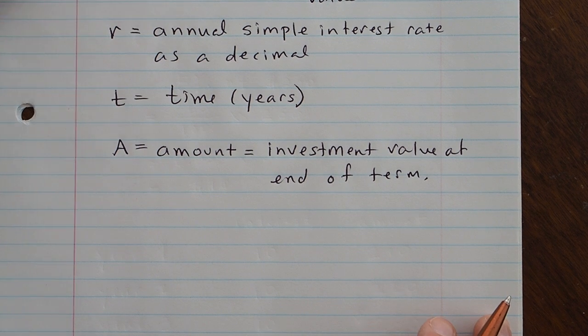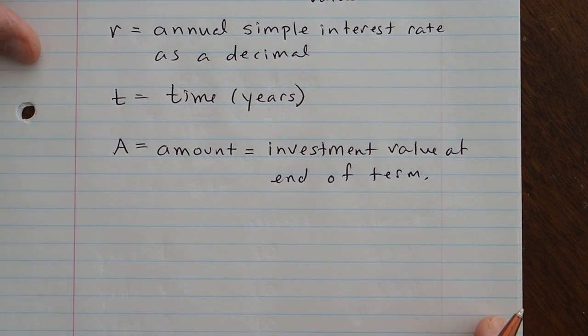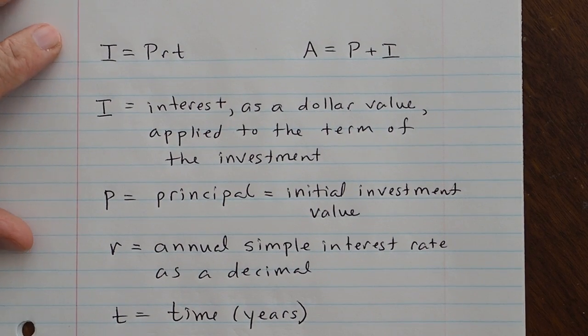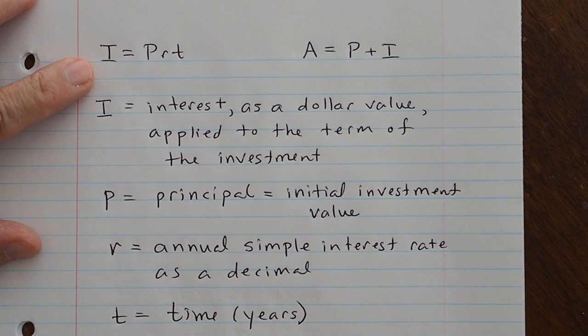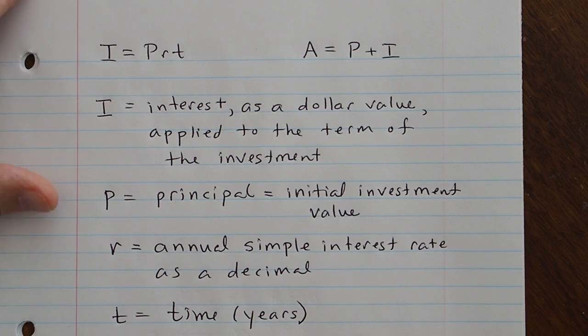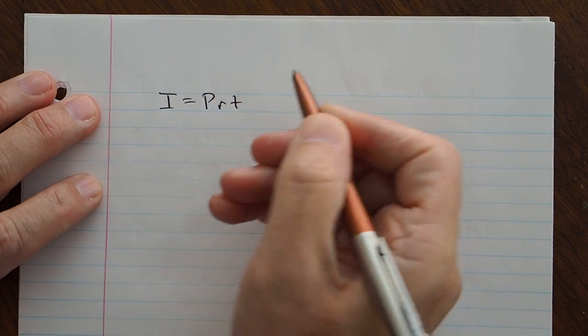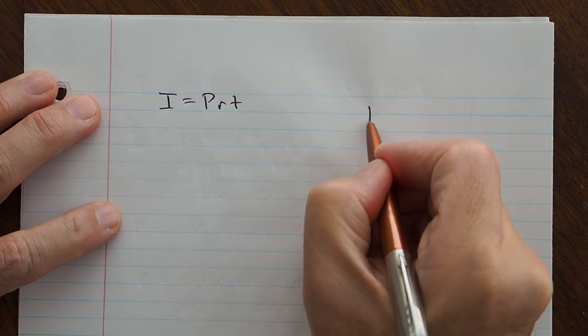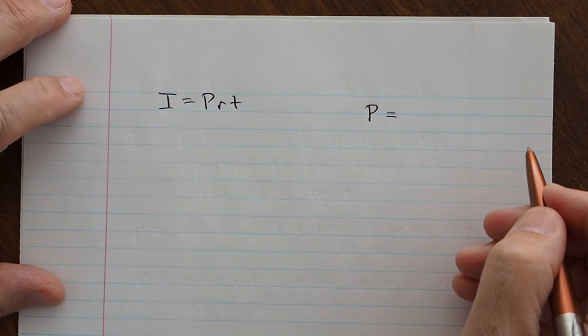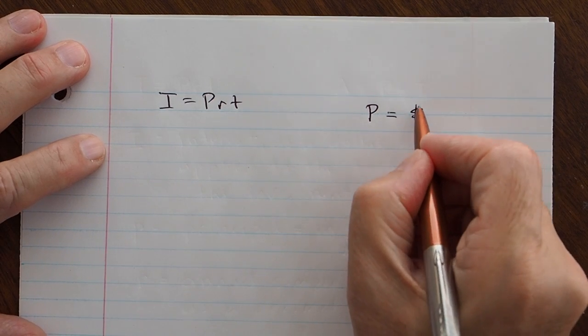Now let's practice these formulas in word problem situations. The first thing I'd like to do is check to see if these formulas give us the same numbers we got when we did it with the chart method last page. So in the example we did at the start, we had a principal value of $200.